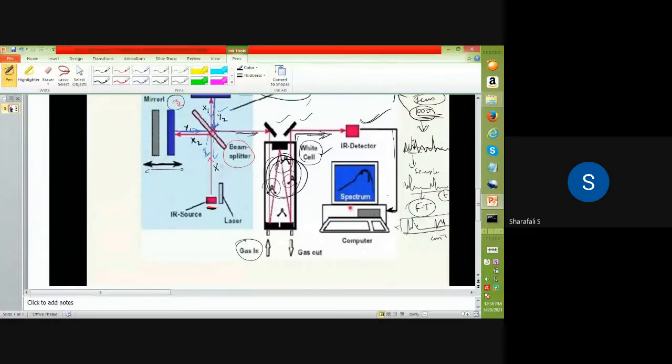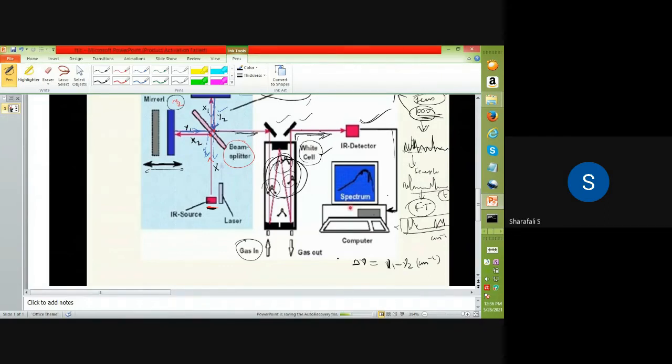We can say that it's nothing but delta mu equal to mu1. If you have two bands here, and you can separate them, then how much you can separate them is the resolution of your IR spectrum.